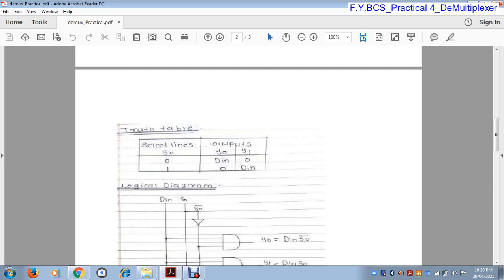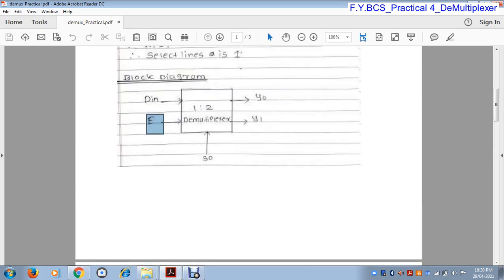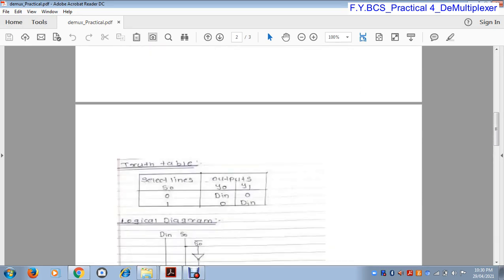S0 is the select line, and Y0 and Y1 are the outputs. If the select line S0 is 0, then the D in input is connected to the Y0 output. If the select line S0 is 1, then the D in input is connected to the Y1 output. So this is the truth table.